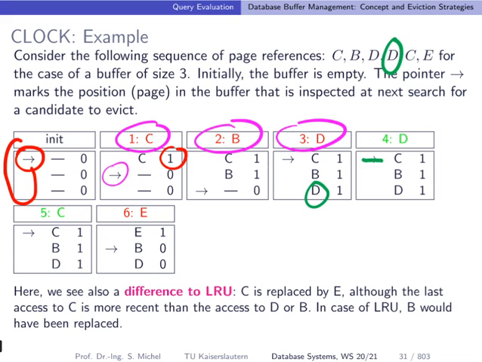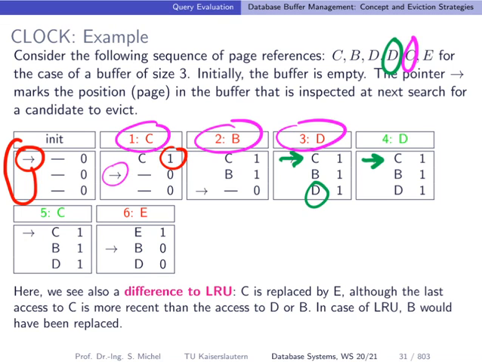The pointer is not moving. It stays where it was before. D gets loaded. We are happy. There was a hit, no miss. And we continue. Now the next one to be accessed is C, and C is also in the buffer, so nothing happens. Also nothing happens in terms of the bit, because it was 1, it will remain 1, right?